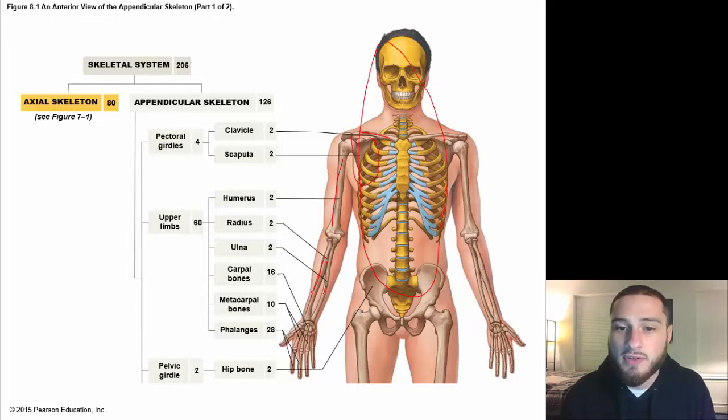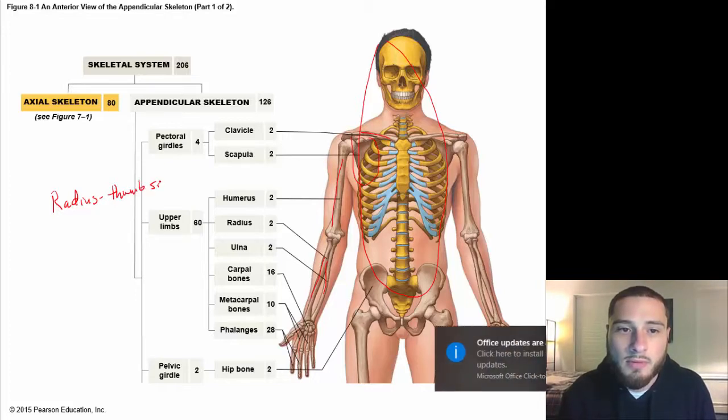So you have to think of it not as right or left because it's a mirror image on the opposite side. It's really radius on the thumb side, and then we have our ulna on the pinky side.